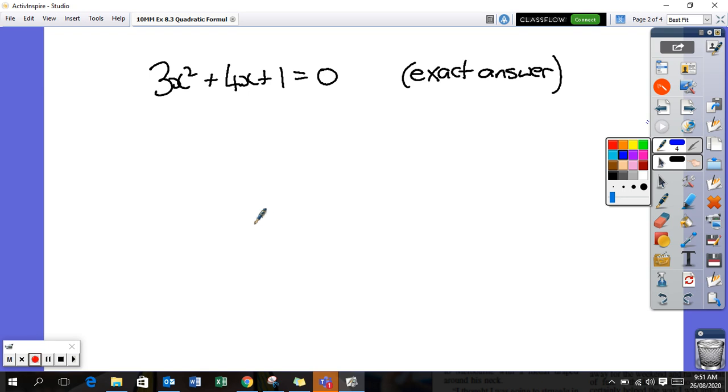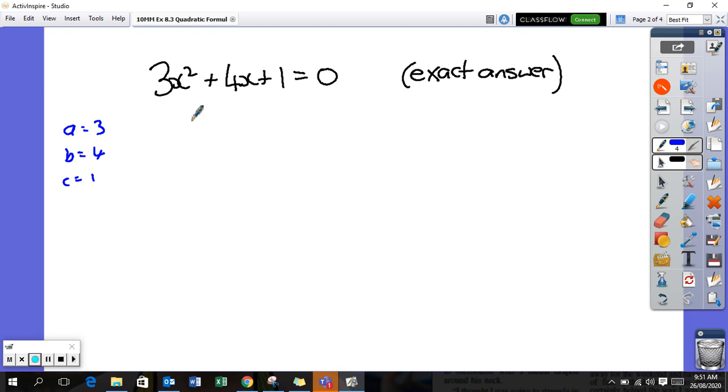So for it to have an exact answer, that means we're going to get a square number under the square root sign, but we'll just work out and see. So we've got here a equals 3, the coefficient of x squared, b equals 4, and c equals 1.